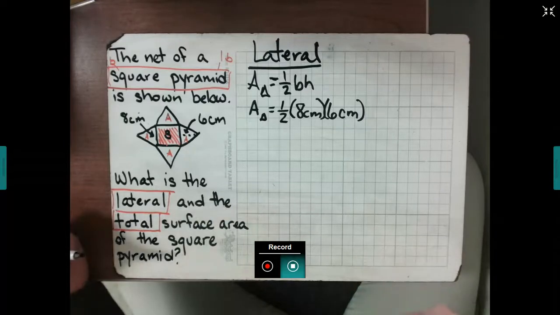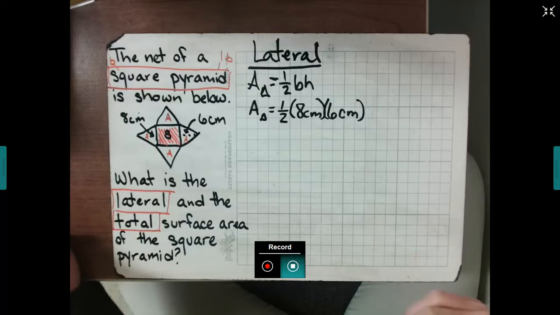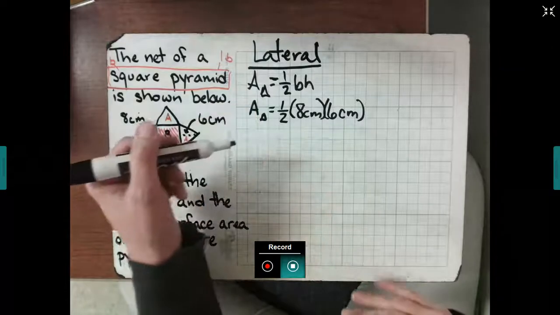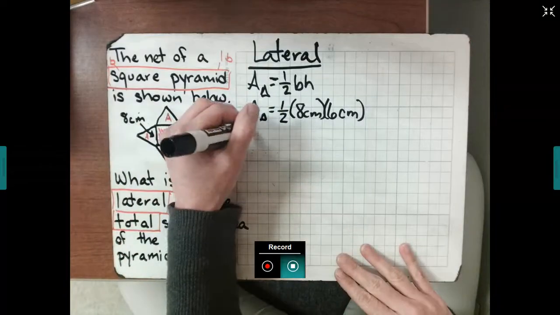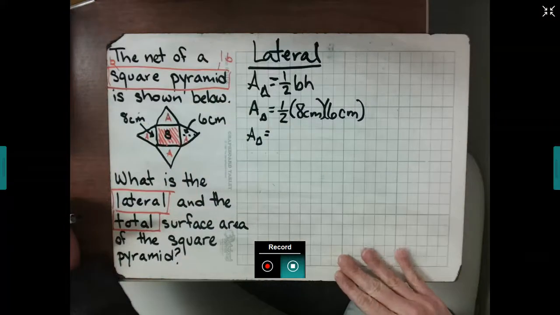I've just replaced my base and my height. Now, according to GEMDAS, we start with grouping. We don't have any brackets with things happening inside. We also don't have any exponents, so the next letter in GEMDAS is multiplication. And all of this is multiplying, so it doesn't really matter what you multiply first. I'm just going to go left to right. So the area of the triangle is equal to 1/2 times 8.